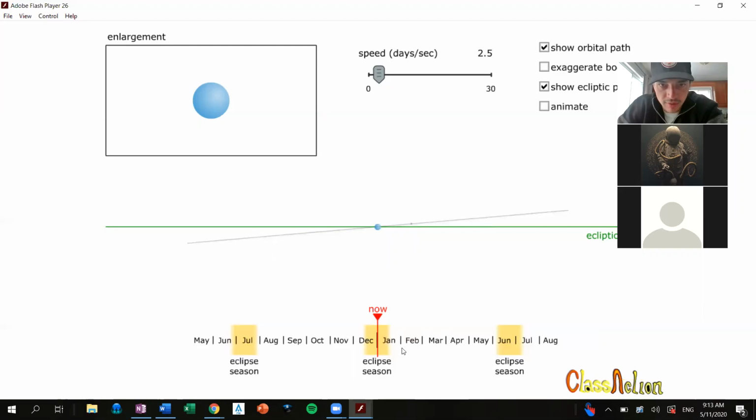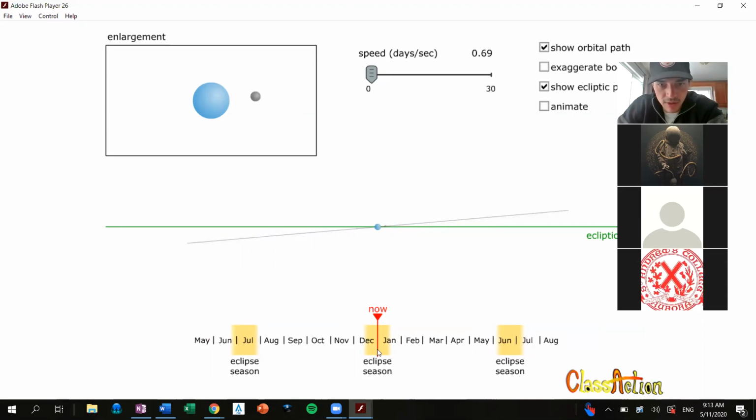It's tough to get it to cooperate without jumping across, but you get the idea there, guys. You can kind of see it. Yep. When it's on the ecliptic and it's directly in the plane of the sun, what we get is a solar eclipse from the moon. Okay, so you can toy around with that simulation, and I think it'll help you understand what's occurring here.